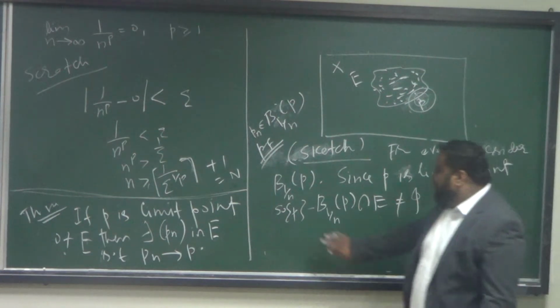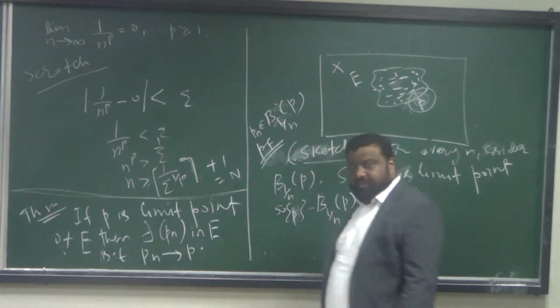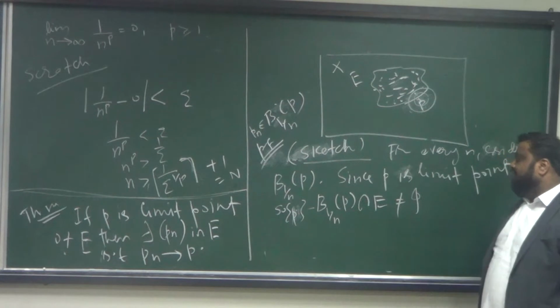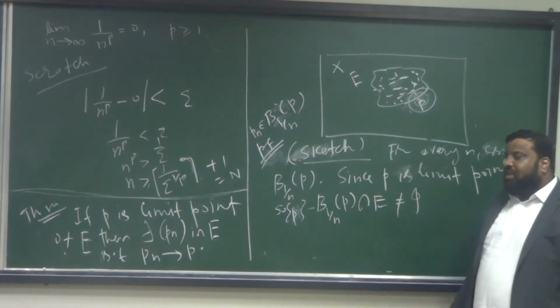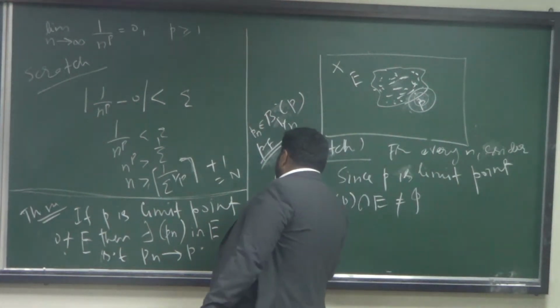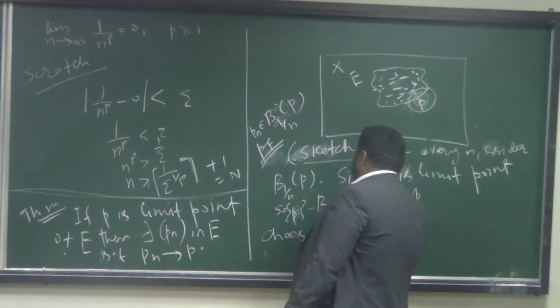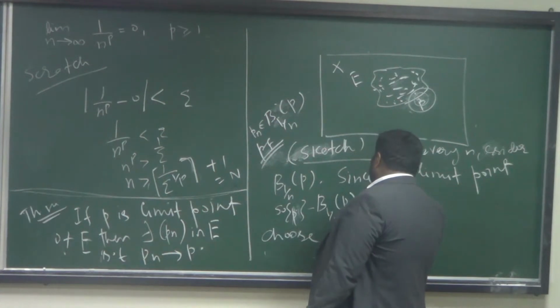Okay, so you have this. Now, if this intersection is non-empty, there must be some element here. So I'm saying choose Pn from this intersection.